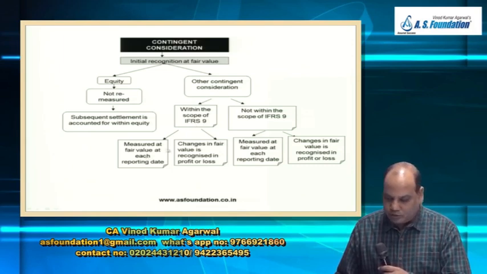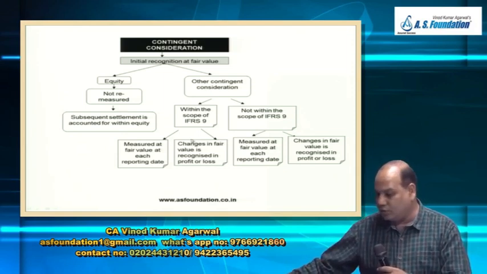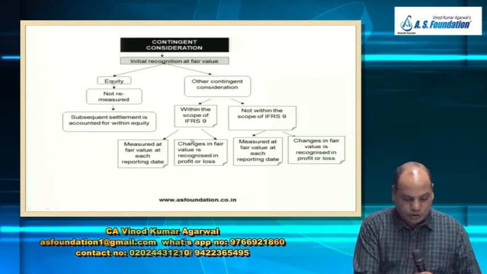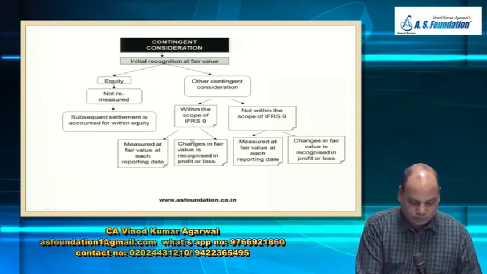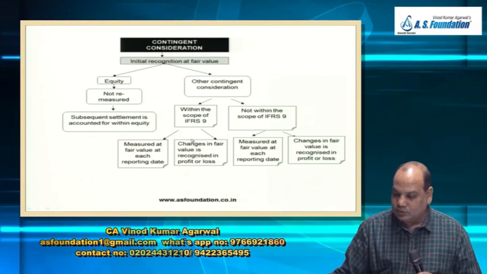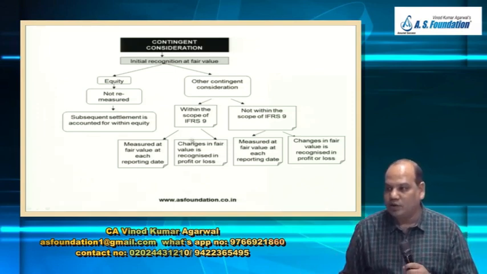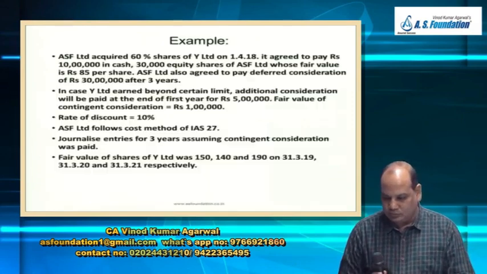Then measure at fair value, change in fair value, P&L account. Make correction in the diagram if the diagram is wrong in your book. And if it is not within the scope of IFRS 9, then also measure at fair value and change in fair value recognized in P&L account.